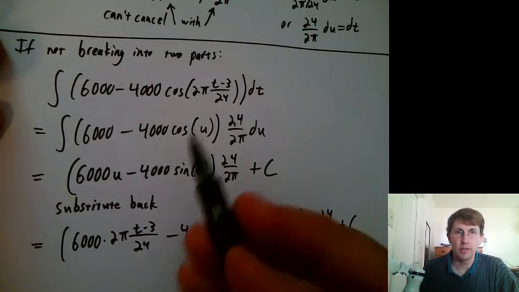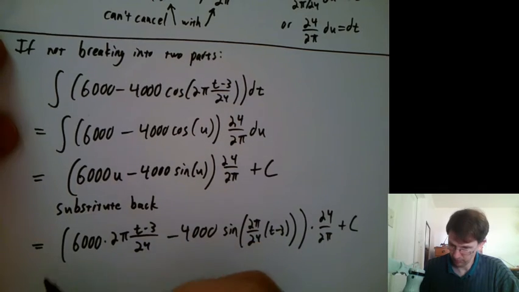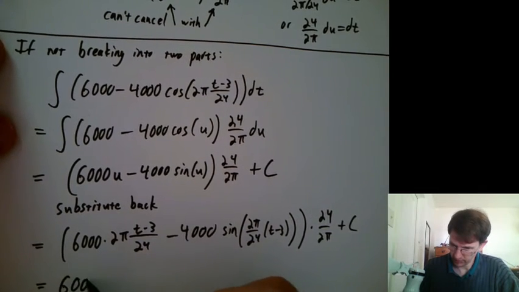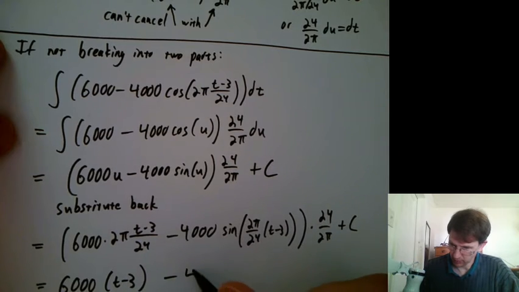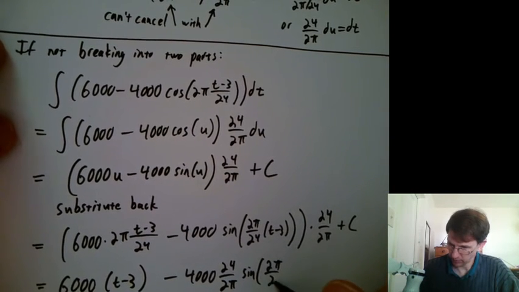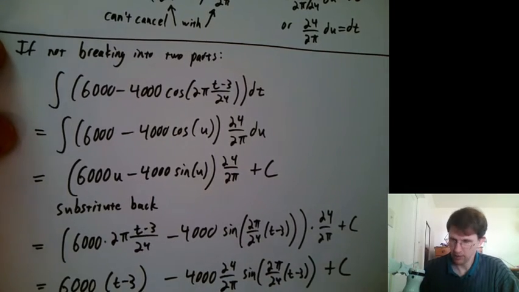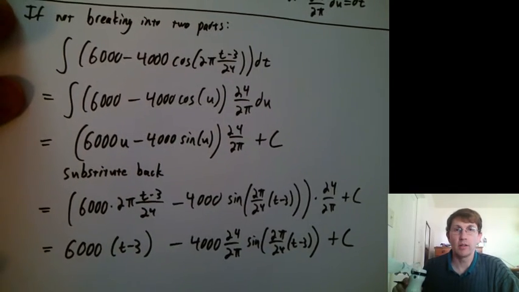And you can see the 2 pi over 24 here is going to cancel the 2 pi over 24 there, but it would still be on this term. So I get 6,000 times t minus 3 minus 4,000, we can bring that on over here, sine of 2 pi over 24 times t minus 3. Okay, so we got our antiderivative.